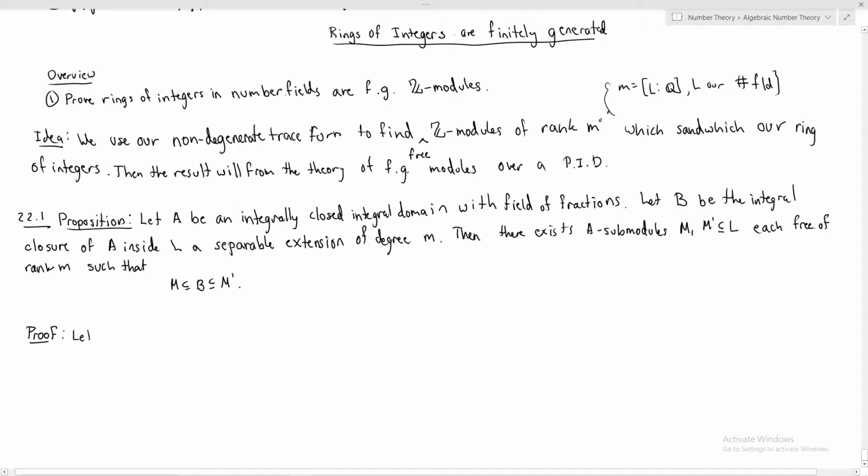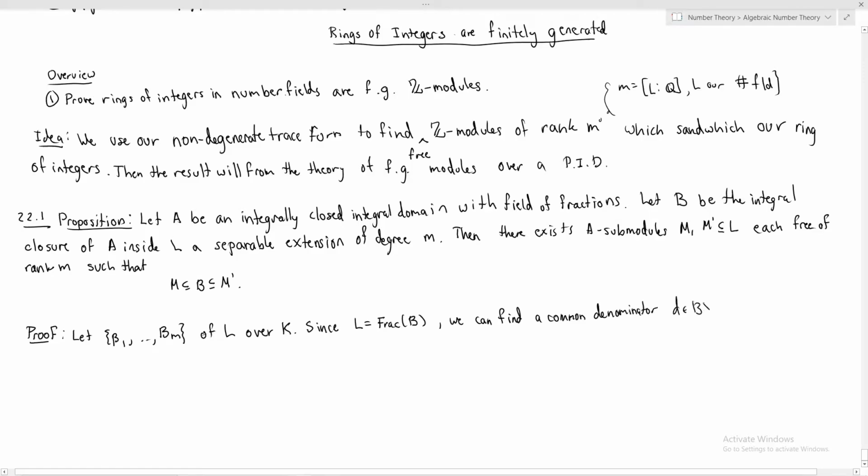So I'm going to let beta 1 through beta m be a basis for L over K. Okay, so we know from our lectures on the basics of rings of integers, since L is the fraction field of B, we can find a common denominator d.